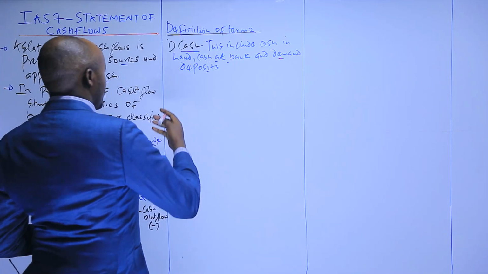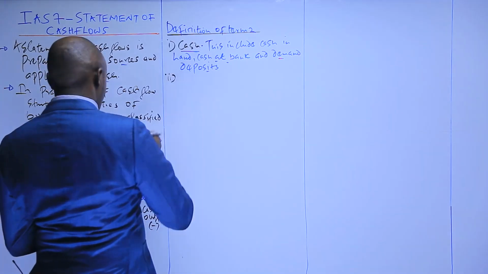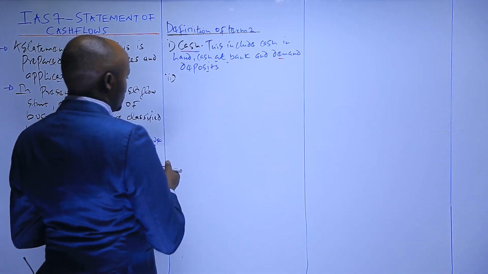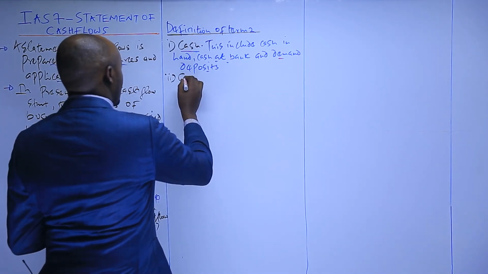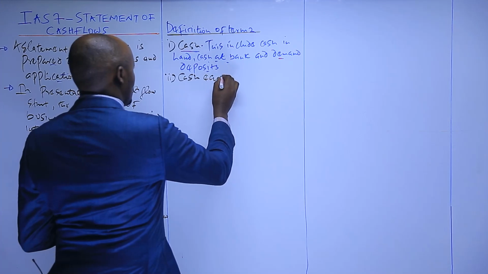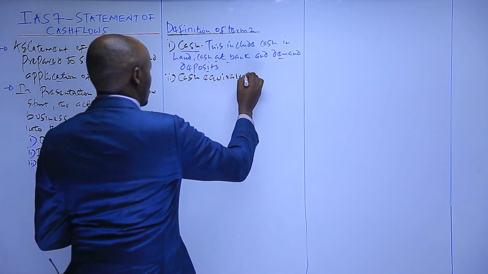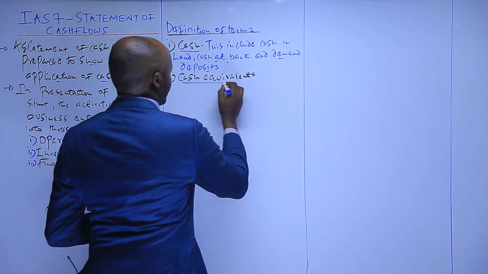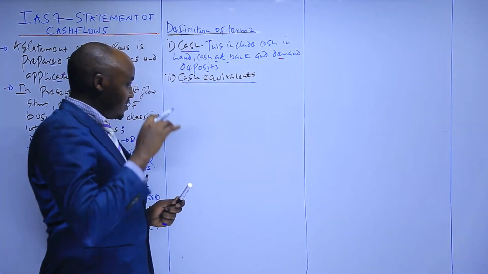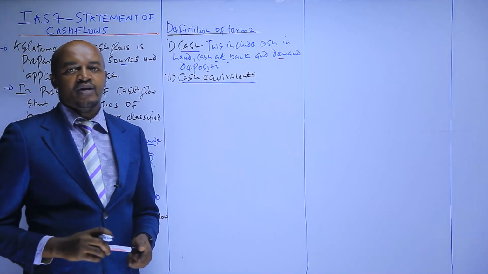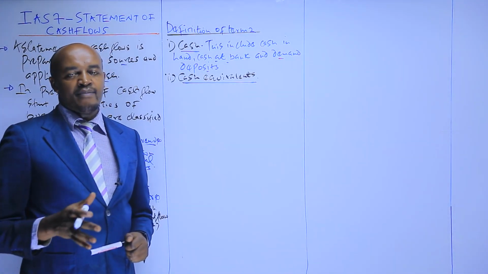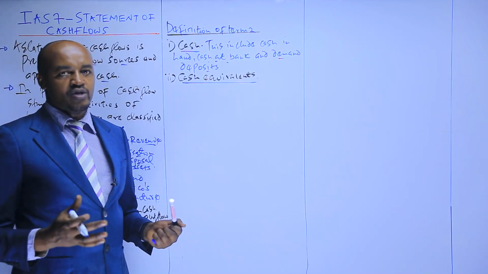The other term which we need to define here is something called the cash equivalent. When we talk about the cash equivalent, this refers to short-term investments which can be converted into a known amount of cash within a short period of time.